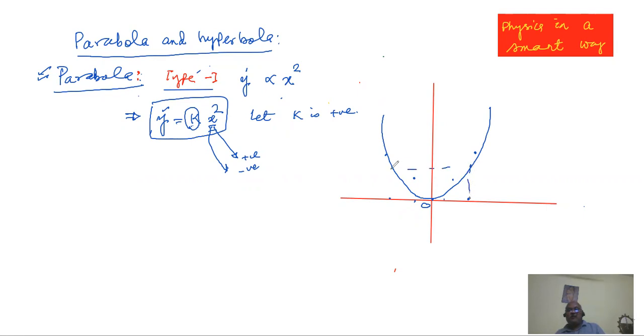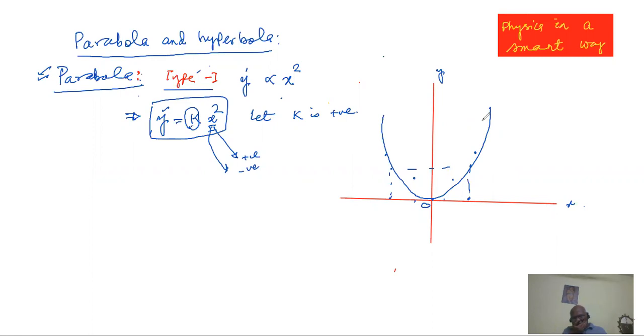For the corresponding opposite point on the opposite side of the y-axis, in the negative x region, x is negative, but y is positive. And a parabola is an open curve. The open ends do not meet, unlike a circle or an ellipse. Parabola is an open curve. Okay, so that is the case of a parabola.